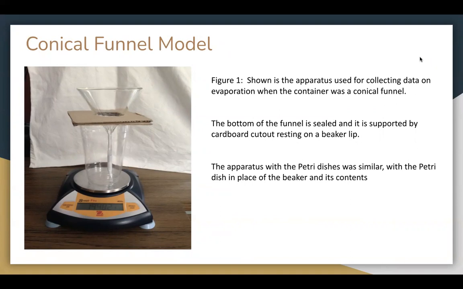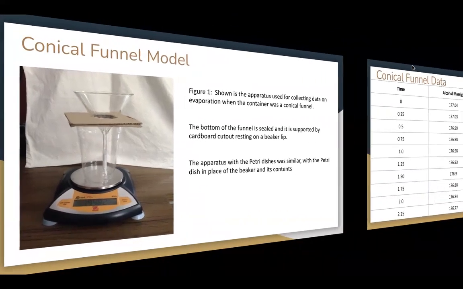The conical funnel was at an angle of 60 degrees, formed by the oblique lateral edge and the horizontal when the funnel was stood upright. The diameter across the top of the funnel was 9.8 centimeters. This apparatus had an effect on the cross-sectional area because the diameter of the funnel decreases. Next slide, please.